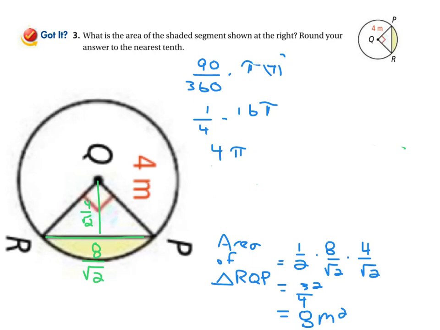Okay, so if we did that, we would say 4 pi is the area of the sector minus 8. And you can't do 4 minus 8. You have to do 4 times pi minus 8.